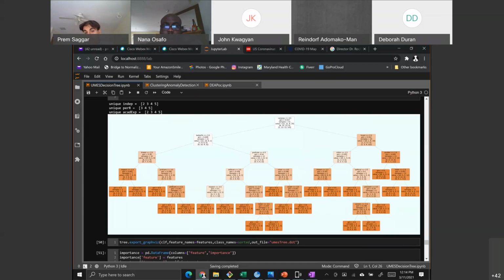Let's say you have high career experience, we go to the right, okay? And if you use your Hawk card, the on-campus credit card, to buy things, right? I would have never thought that this was a key indicator, but it turns out it is. So if you use your Hawk card a lot, so less than 2.5 is not so much, but if you use it a lot, we go to the right, okay?